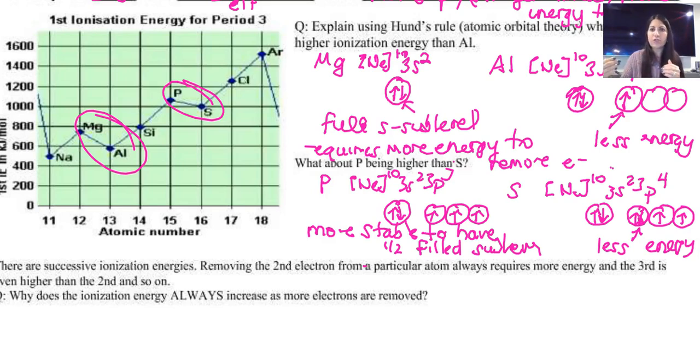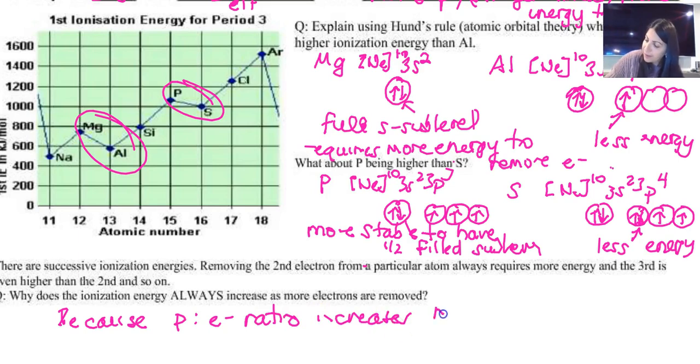That proton to electron ratio has increased, and because of that, it actually draws the electrons in closer. Every time you pull an electron off, it actually makes it harder for those next electrons to come off. So why does it always increase? Because our proton to electron ratio increases, making the attraction greater.